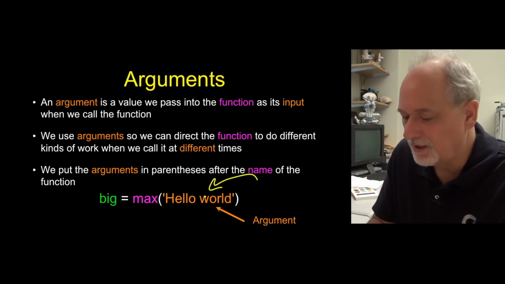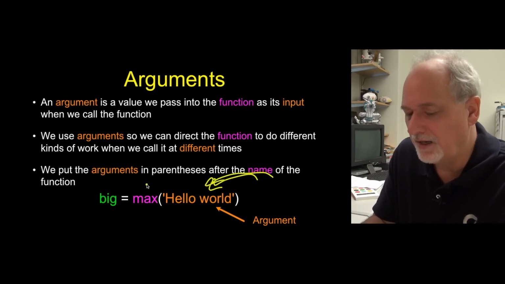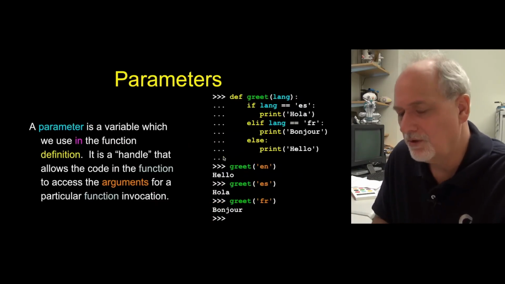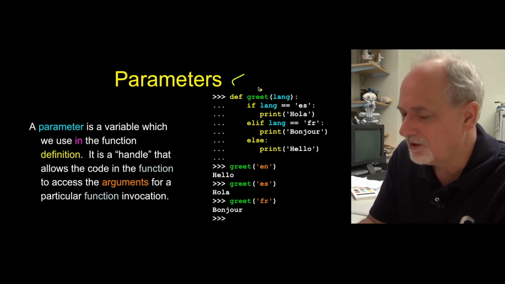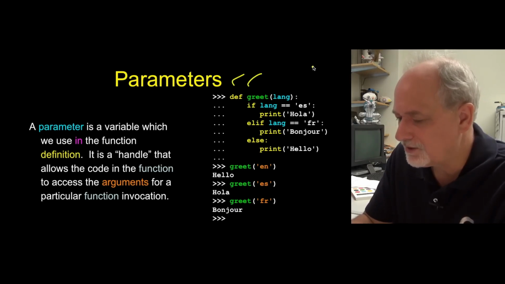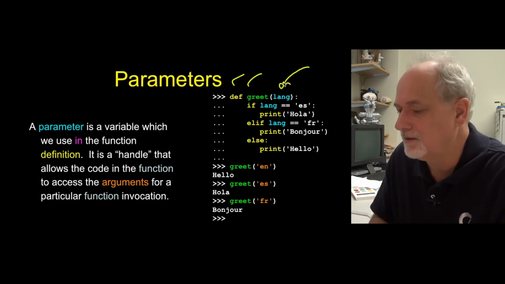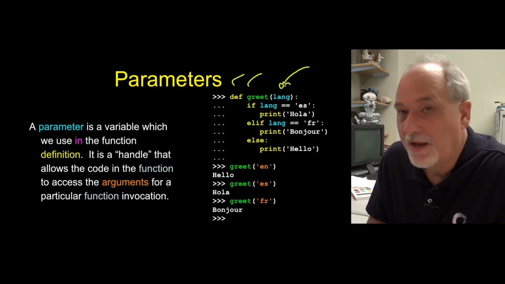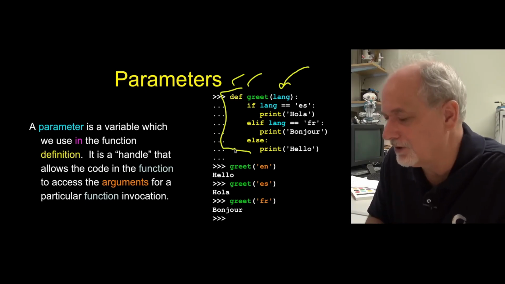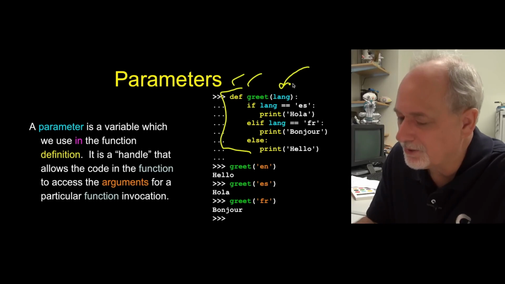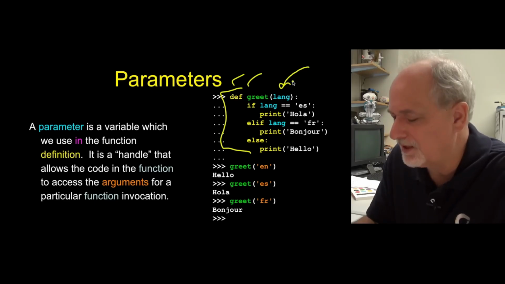So arguments are the things we pass in, and for the functions that we're going to build, on the def statement, we say def greet, name a function, and then this is the arguments, the things that are coming in. Now this lang variable, in a sense, only exists during the life of the function, and it represents a placeholder. It's not a real variable in the same sense.